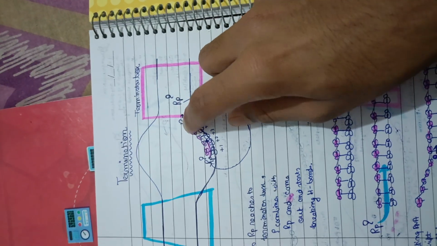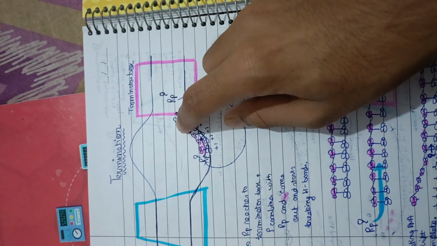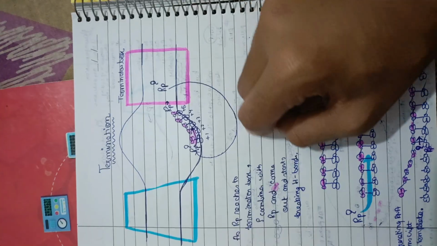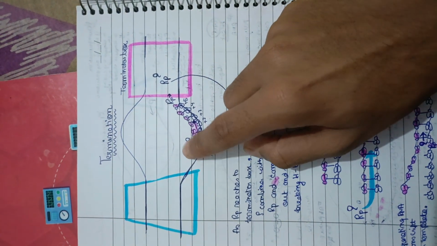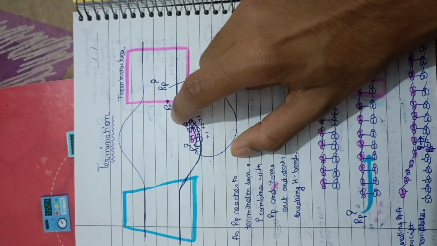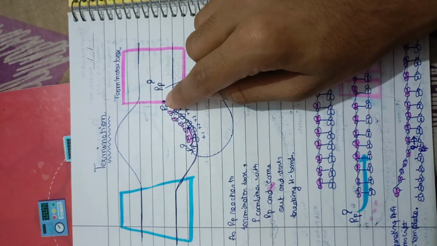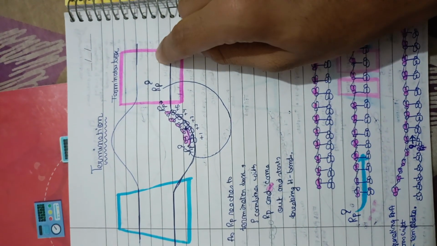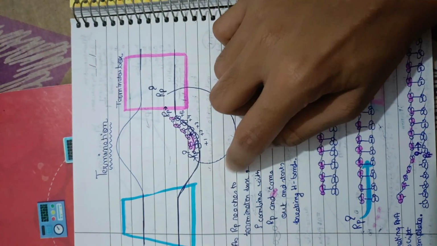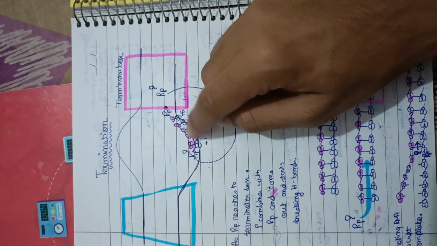Thus, as soon as it enters the terminator box, the rho factor attaches to the RNA polymerase, and then it moves back to the initial position and starts breaking the hydrogen bond that was formed between them.